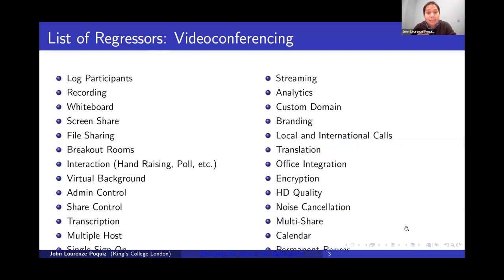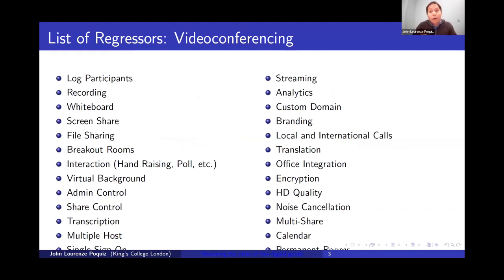So we try to include as many components as we can, because one of the problems with hedonic regression is that it's not very straightforward. One of the problems that people encounter is that it's susceptible to omitted variable bias.